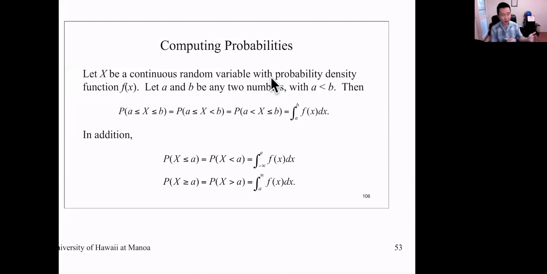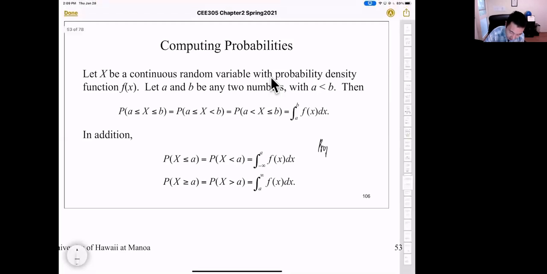Again, one of the important differences between continuous and discrete variables is that the probability is not affected by the endpoints.